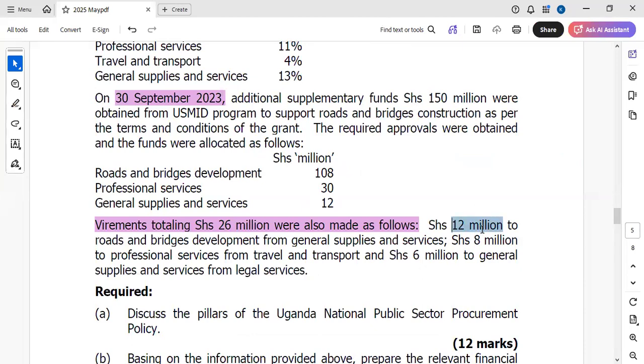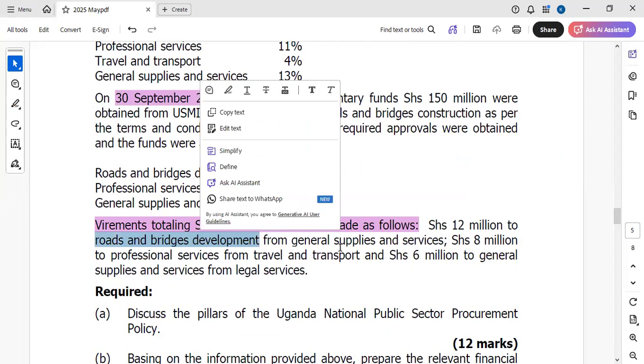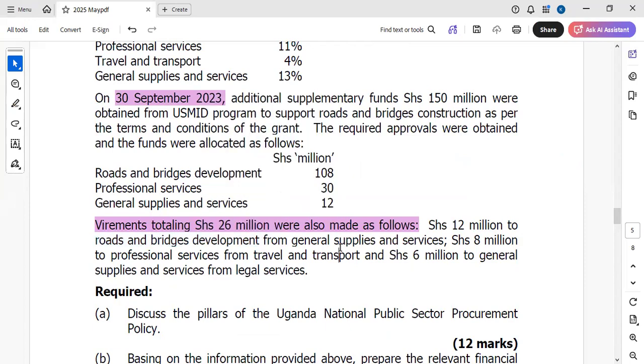You have the 12 million that we are allocating to roads and bridges. So under the column of roads and bridges, you have 12. You can first note somewhere, or you can first write that figure, where it is coming from and where it is going.